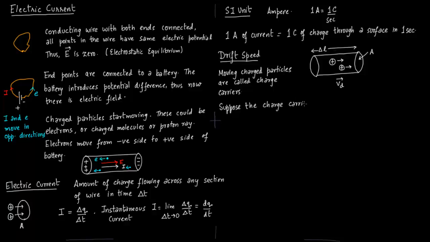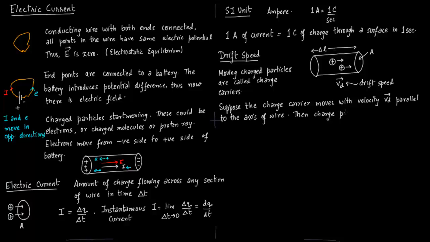So suppose the charge carrier moves with velocity Vd. Vd stands for drift velocity or drift speed, and this is parallel to the axis of the wire.